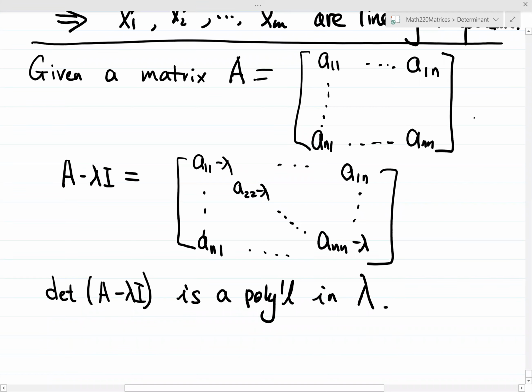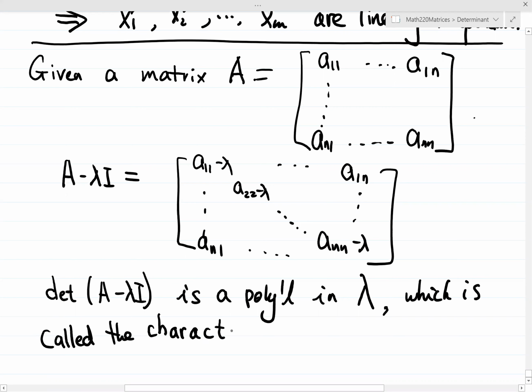This polynomial is called the characteristic polynomial of the matrix A.